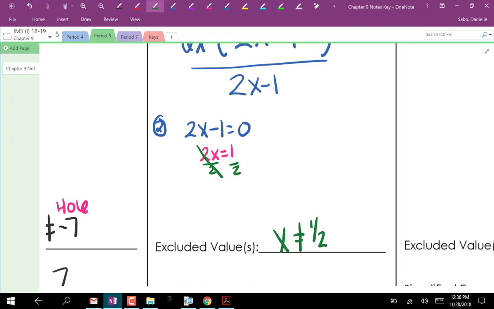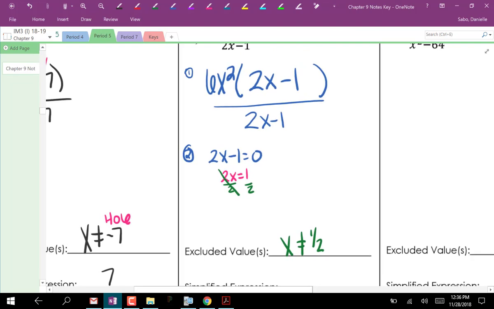Okay? Now, I will ask you, is the 1/2 a hole or an asymptote? So an asymptote would mean that it does not cancel with something on top. It does, and I'll draw an arrow, kind of getting you practice here. This arrow is telling me that this guy is a hole. The fact that this cancels with this on top creates this hole in the graph.